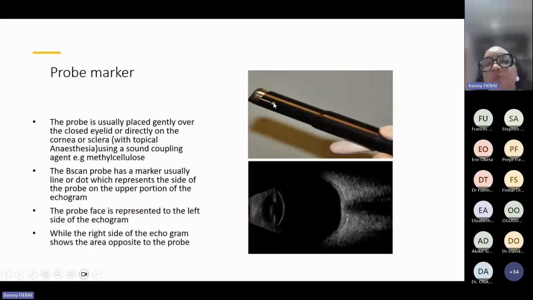If you place this, for instance, facing the nasal aspect, then it will be the nasal portion that you're seeing in this superior aspect of your echogram. The probe face is represented to the left of the echogram, while the right side of the echogram shows the opposite side here.